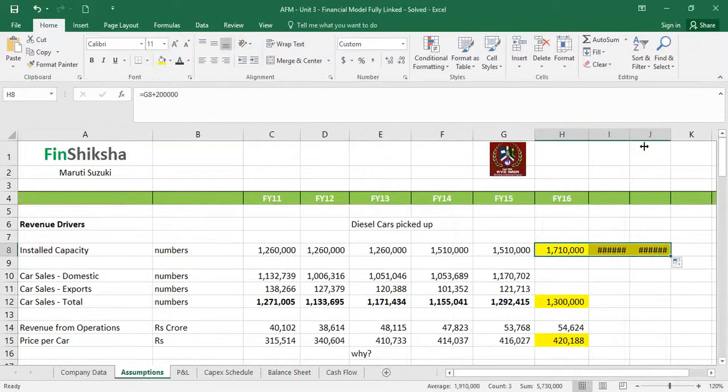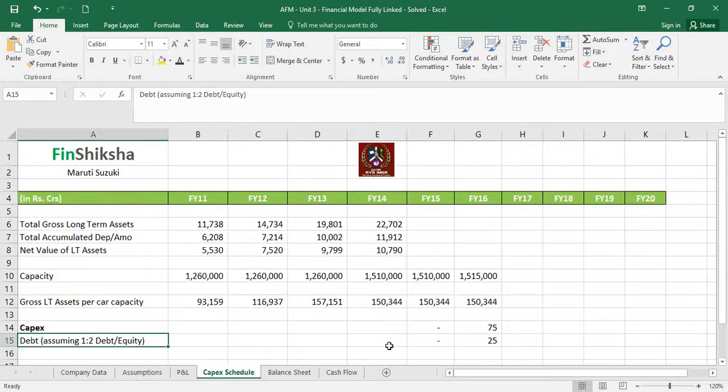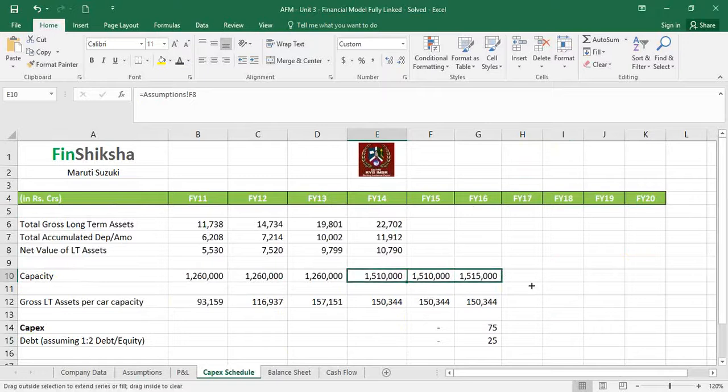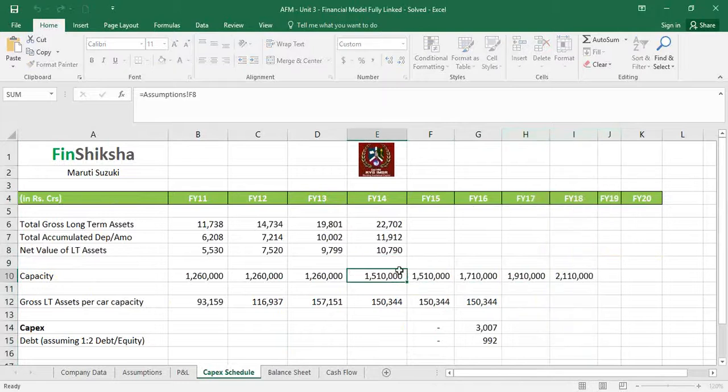Let's say that is the broader assumption, that in the years which are given, we are looking at an increase of 2 lakhs every year, right? Based on this, if we look at the capex schedule, all we need to do is basically drag this entire cell all the way up to 2018, because that's already linked to the assumption sheet. We can get this calculation here, right?